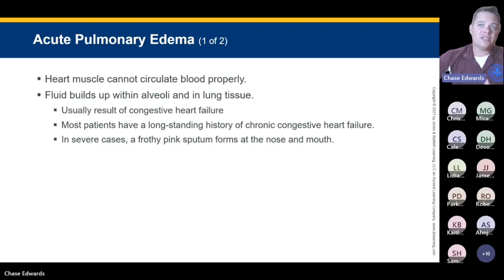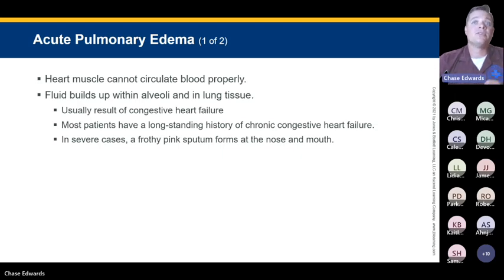The patient usually experiences dyspnea with rapid, shallow respirations. In some other severe cases, a frothy pink sputum forms at the nose and the mouth. So acute pulmonary edema, frothy pink sputum.